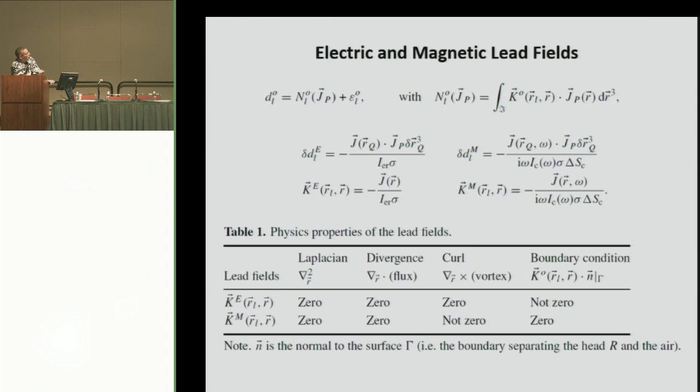So at the end of the day, we can always say that this is given by the scalar product of your sources times something that we call the electric or the magnetic lead field. These are the definitions of this lead field. Normally in classic books you will see a K. It has some properties that I'm just going to skip now, but sometimes these properties help you when you solve this forward problem.